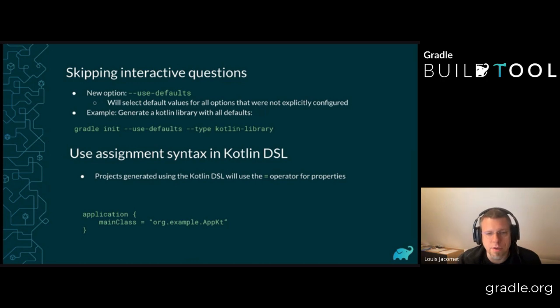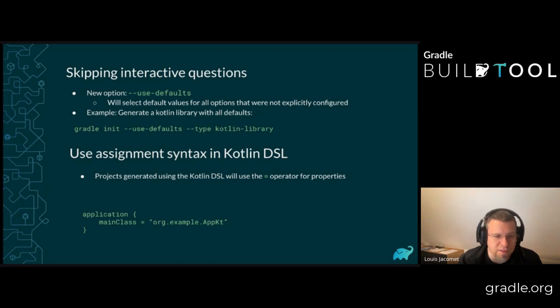And then one thing that was made available in past versions of Gradle was the assignment syntax in the Kotlin DSL. So the ability to set the value of a property by just having a value of the wrapped property type on the right-hand side.